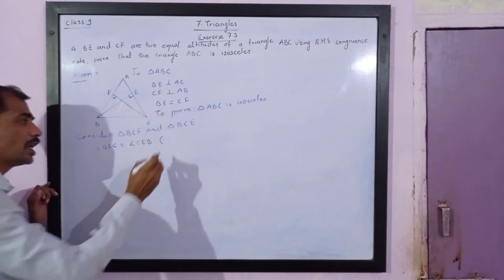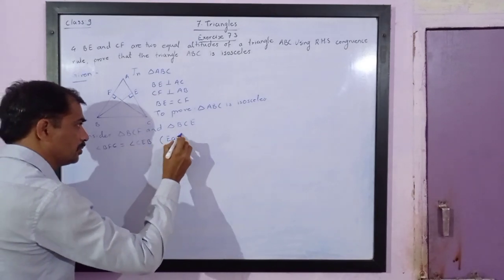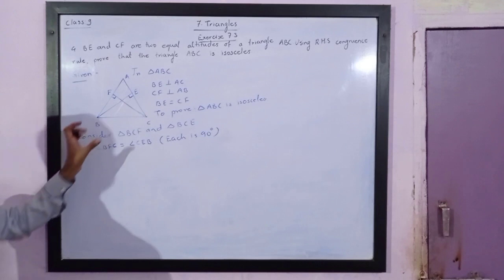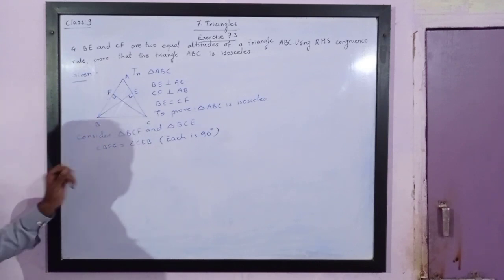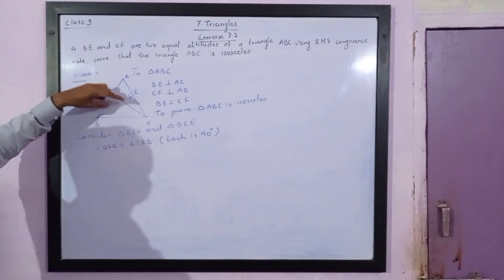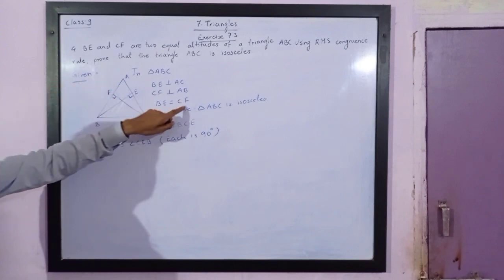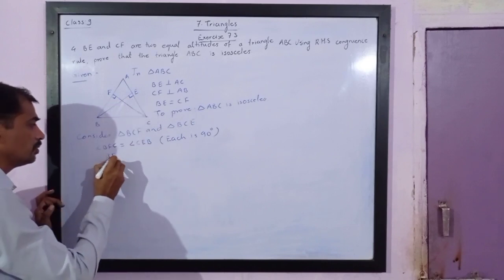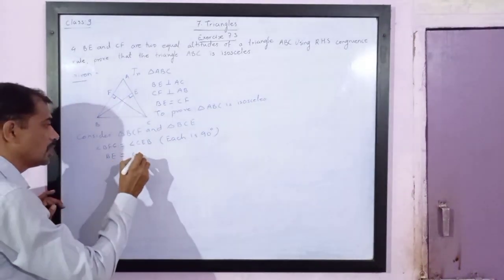Both are altitudes, or you can say each is 90 degrees. Or you can write that they are altitudes, so they make right angles. Now we are also given that BE is equal to CF. So it is already given. BE is equal to CF.